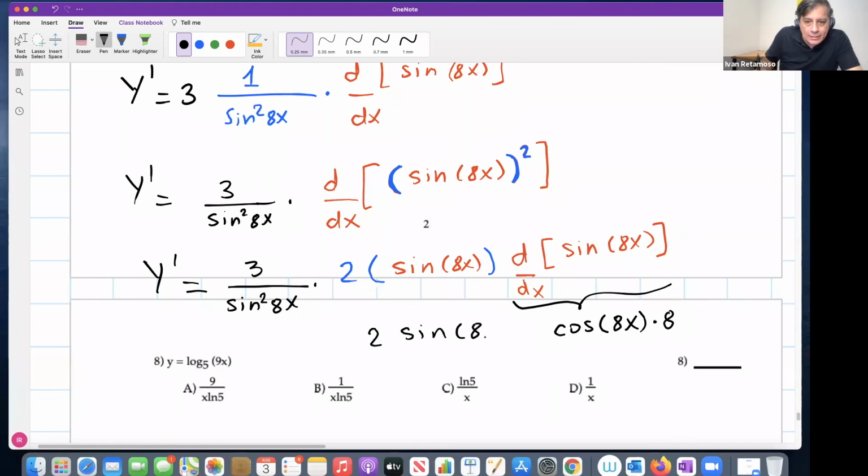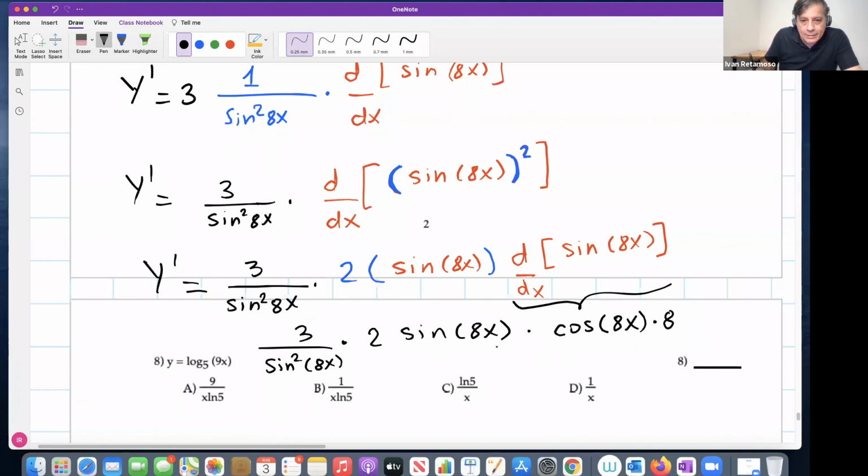Look, 8 cosine 8x here times this 3 over sine square of 8x, right? Yeah. Putting this all together, we're gonna get, I have sine of 8x here, sine of 8x squared here. One will cancel, one will stay, right?